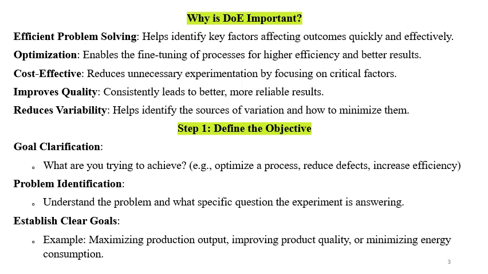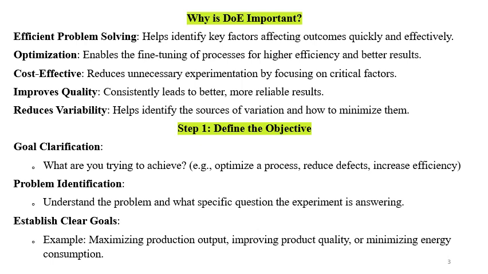Then problem identification. Understand the problem and what specific question the experiment is answering. If you want to study the effect of polymer on the drug release profile of the control release formulation, then you should understand that the polymer level will affect the dissolution. So this is understanding of the problem.